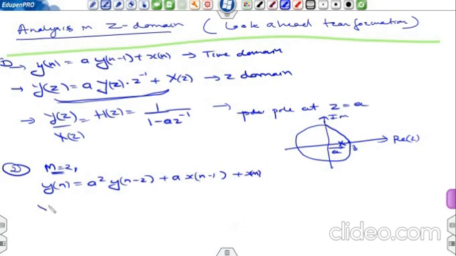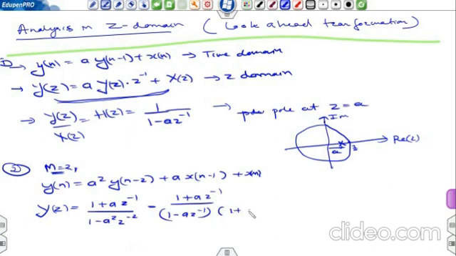And in z domain, H(z) will be 1 plus a z minus 1 divided by 1 minus a square z minus 2, and that is equal to 1 plus a z minus 1 divided by 1 minus a z minus 1, 1 plus a z minus 1.